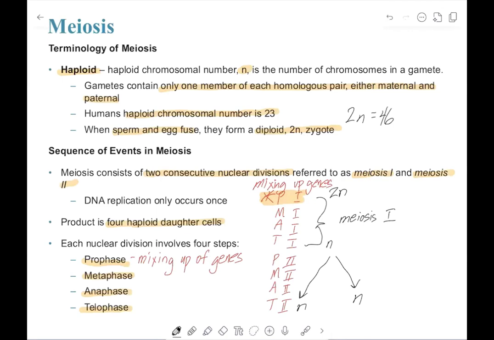So the end result is a total of 4 daughter cells. So this is meiosis 2, and it's like mitosis. And it's important to remember because mitosis is an exact copying of the chromosomal material.